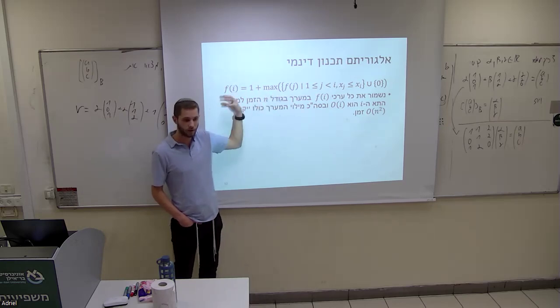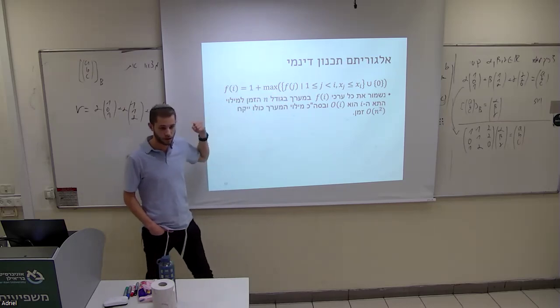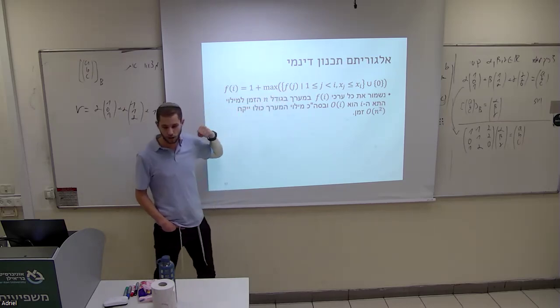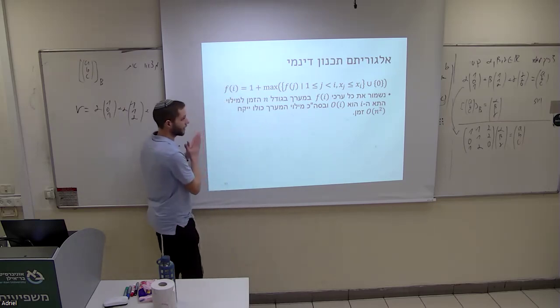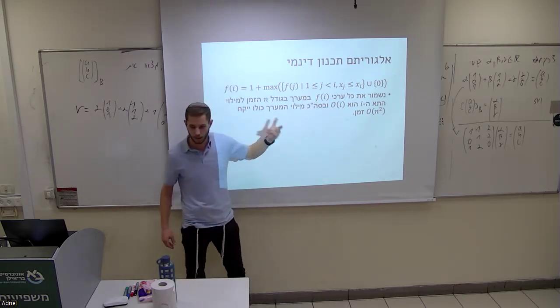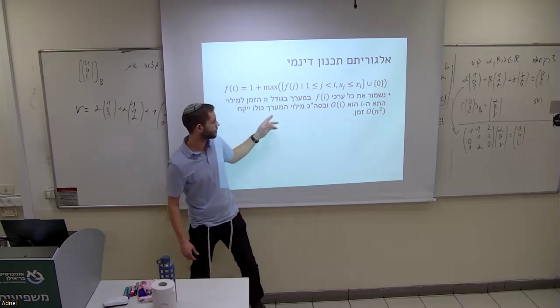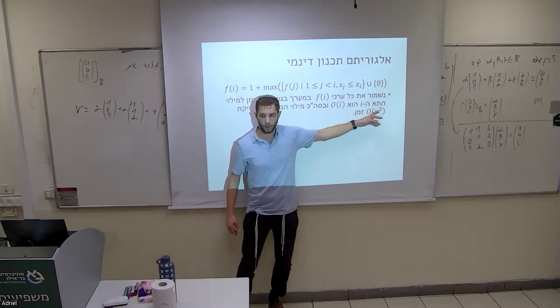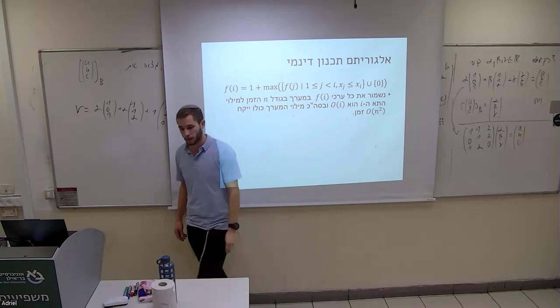The second one is based off of one previous cell, and f of 3 is based off of the 2 previous cells, and so on. Every cell is based off of the cells that we already calculated beforehand. So therefore, if you calculate it with an arithmetic series, then it'll take O of n squared time. Because 1 plus 2 plus 3 plus 4 up until n is O of n squared. Okay?